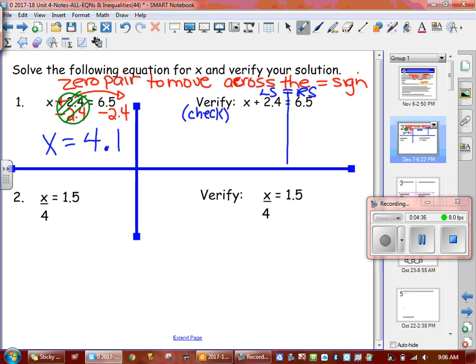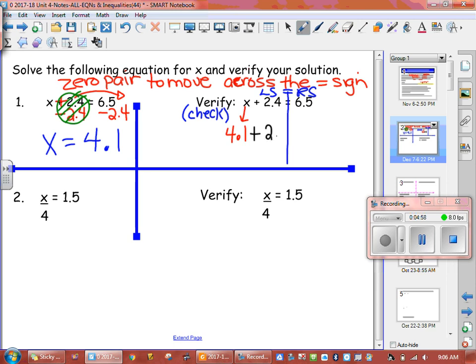LS equals RS. So we draw a line down the equal sign, and now we substitute the number we solved for x. So we solved 4.1. So where the x is, I'm going to put 4.1 because that's the answer we got. And now I'm going to write the rest of the equation, plus 2.4.